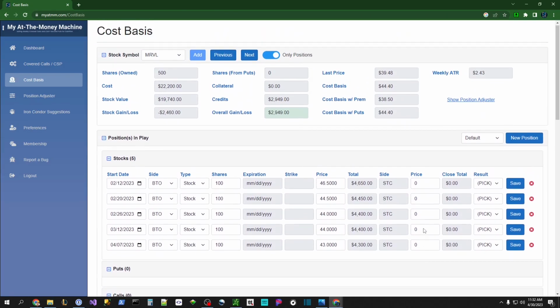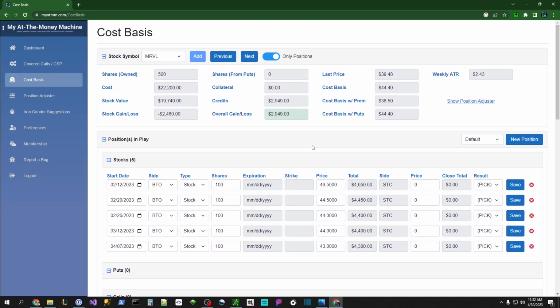If we scroll up to the top, we can assess where we're at with this stock. We own the 500 shares. It cost us $22,200 total to get into this position so far. Based off the current trading stock price, our stock value is $19,740, so we have an unrealized loss of $2,460.